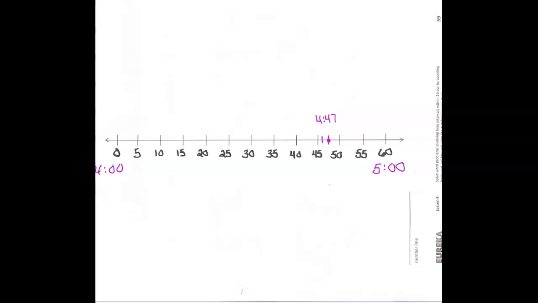So I'm going to try something different here. I'm going to count 1, 2 to get to 45, and then I'm going to add 10. So 1, 2 plus 10 is 12 minutes, plus another 10 is 22 minutes, plus another 10 is 32 minutes, and now I'm getting close to 38, so I'm going to go by fives.